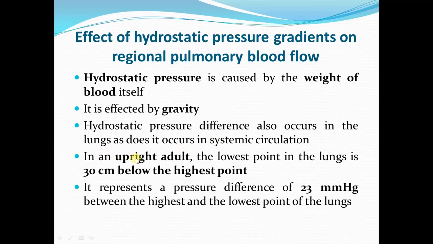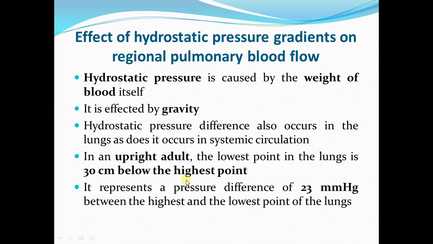In an upright adult, the lowest point in the lungs is 30 cm below the highest point, or we can say that in an upright person, the distance between the apex and the base of the lungs is 30 cm.